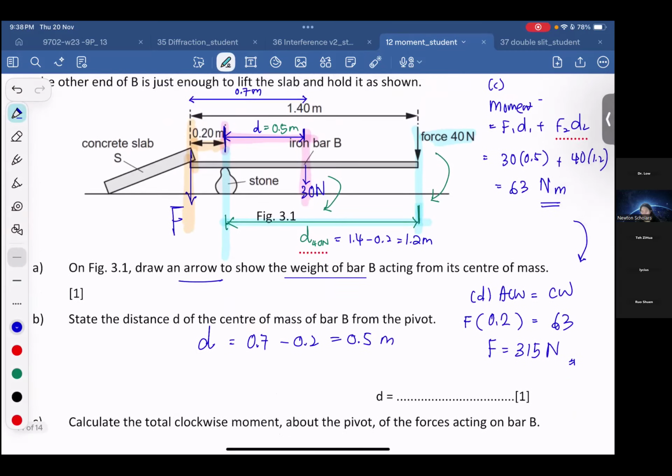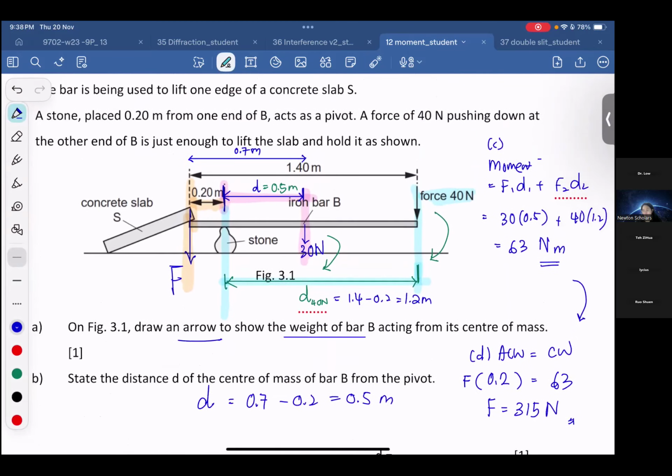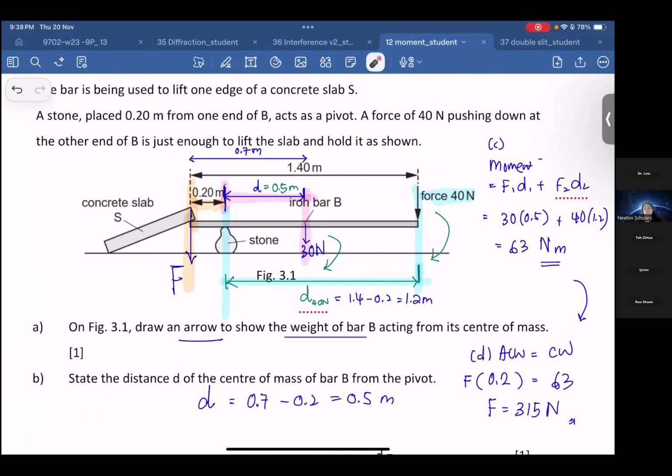So boys and girls, I repeat one more time. I don't want to use 40 Newton. I want to reduce this force, and maybe I just want 35 Newton. If I decrease the force, in order to get back the same moments, I can move my stone slightly to the left.